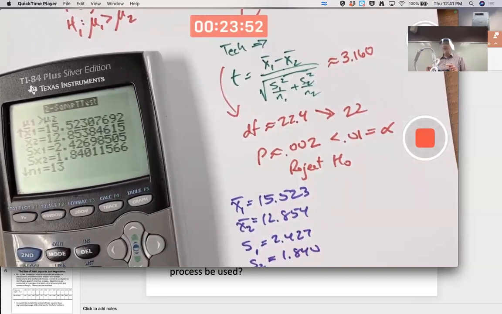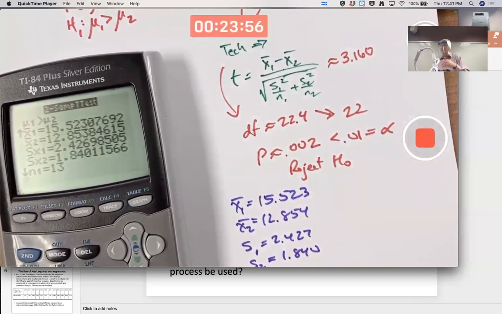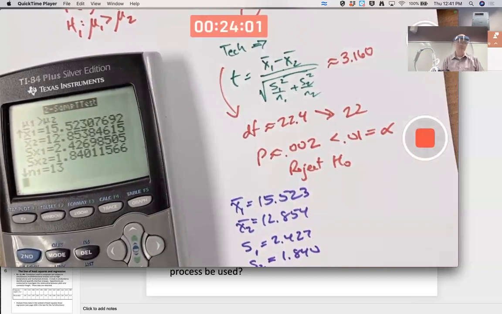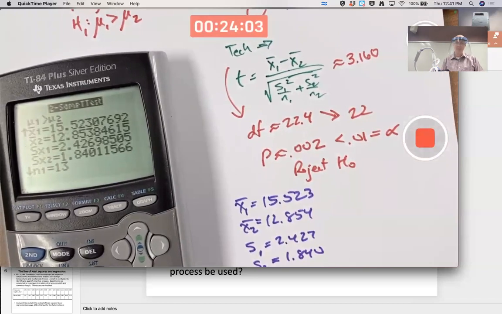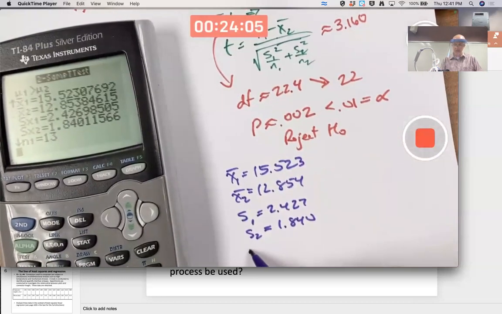It's good to keep a lot of decimal places and only round at the end, because if you round too soon, then your rounding errors build up, and that can make your final answer off by a certain amount. n1 and n2 are both 13.